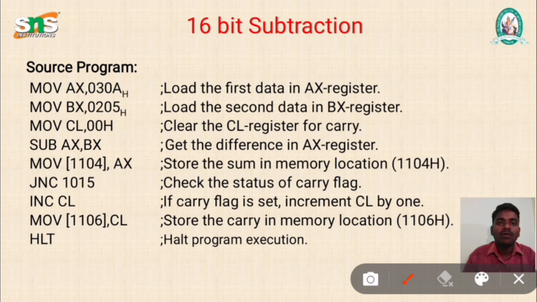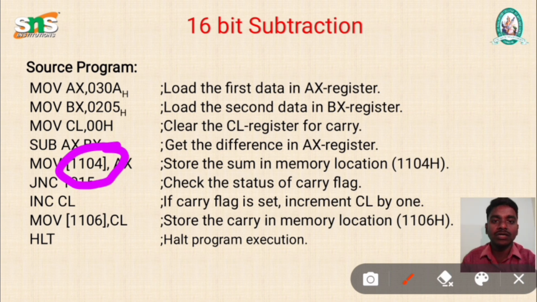Okay, so then MOV 1104, AX. After the subtraction, the subtracted value is stored in the AX register. Then it will be moved to the output address, that is 1104.